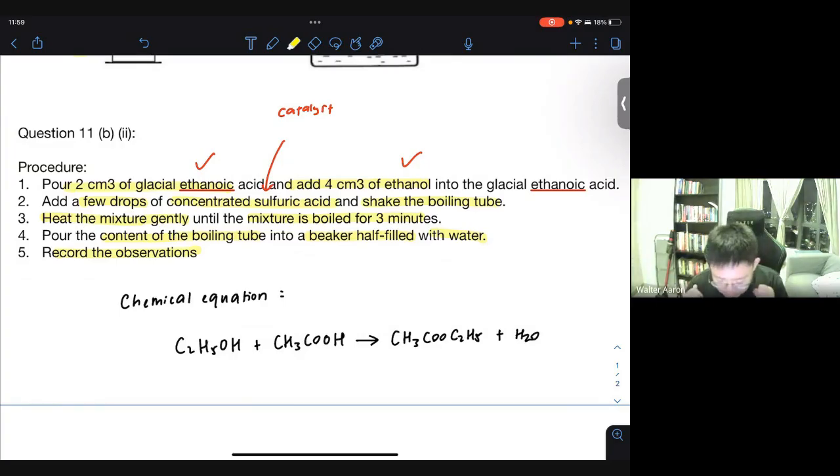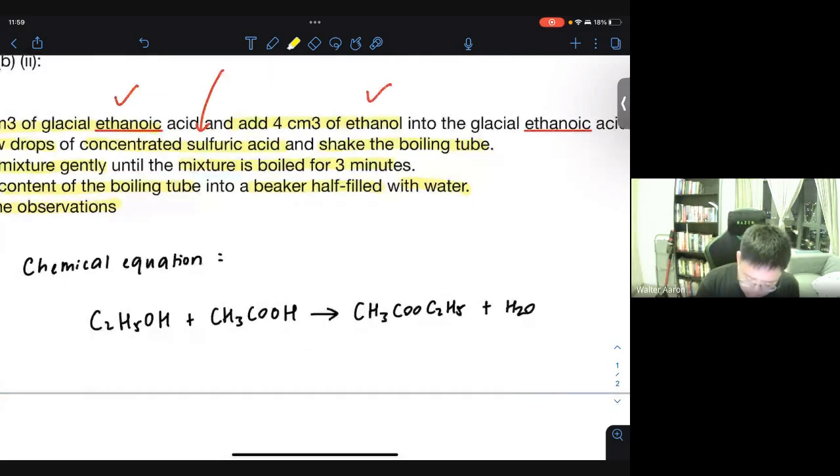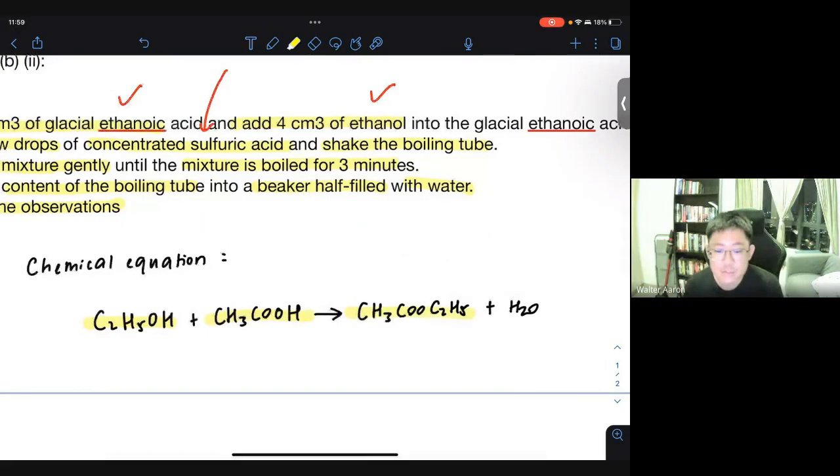Okay. Now the last one, the chemical equation. So very simple. We have ethanol reacting with ethanoic acid. So that must be part of the equation. And then after that, you just write the formula of the ester, ethyl ethanoate. Just combine the 2 structures together. Remember, you already removed the H from the ethanol and then the OH from the carboxylic acid.